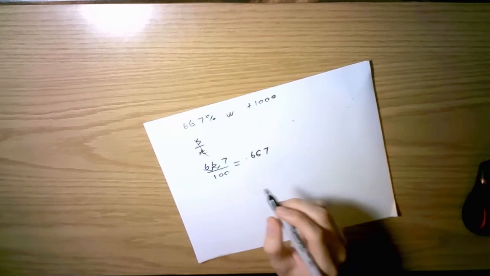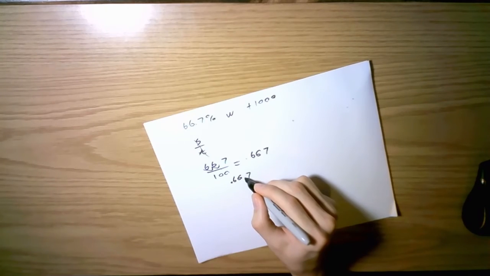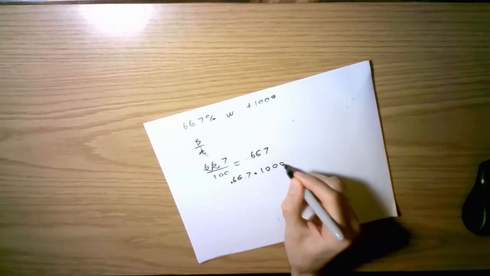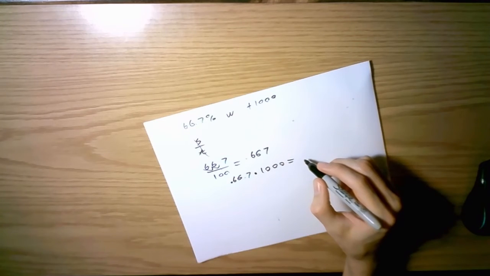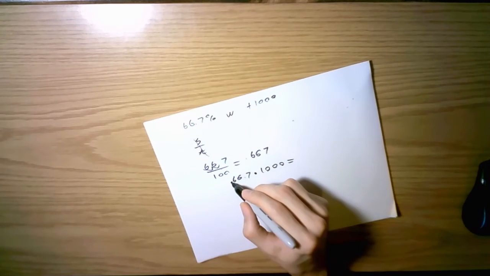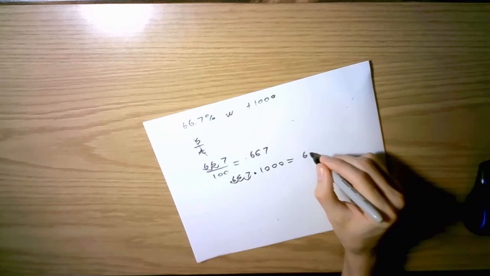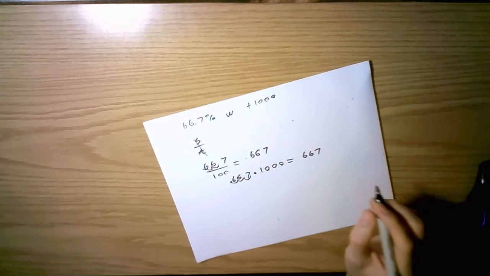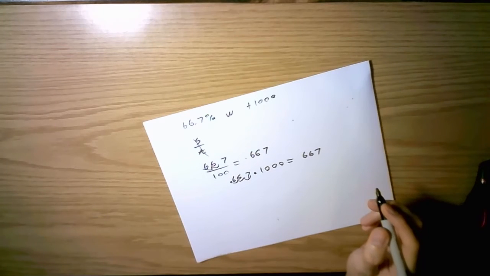Now to find the number, you just do 0.667 times 1,000, and that will give you the number of women in the school. Multiplying by 1,000 just moves the decimal over 3 places, and that gives 667 women in the school. That's an application of how you can use this stuff to estimate things with percentages.